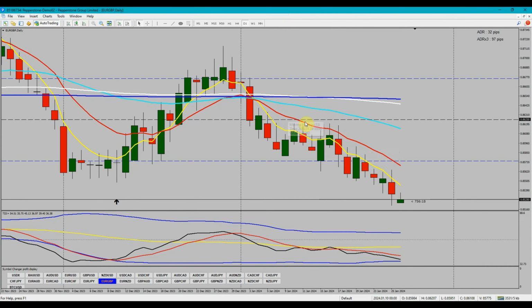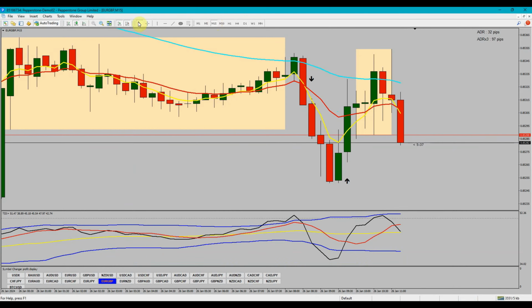Price is below my red moving average. Once we are below, I am only looking for selling opportunities. It doesn't matter what is taking place on the other time frames. I am looking for selling opportunities.